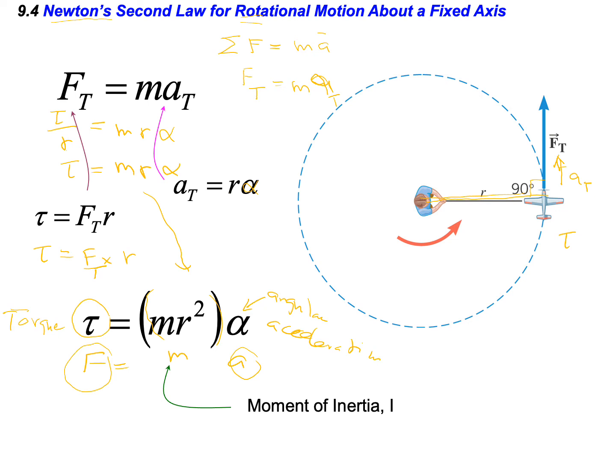Instead of mass, we have m r square. This m r square, we call moment of inertia. So for rotational motion, instead of force, we talk about torque, and rotational acceleration. Mass, we call it moment of inertia.